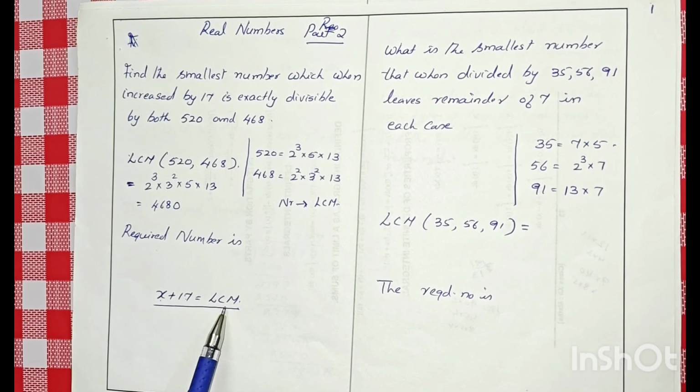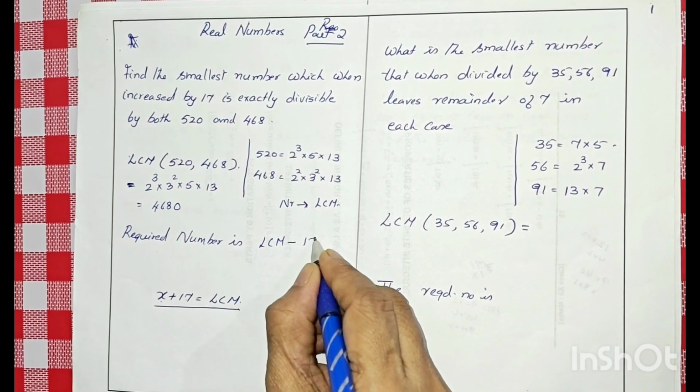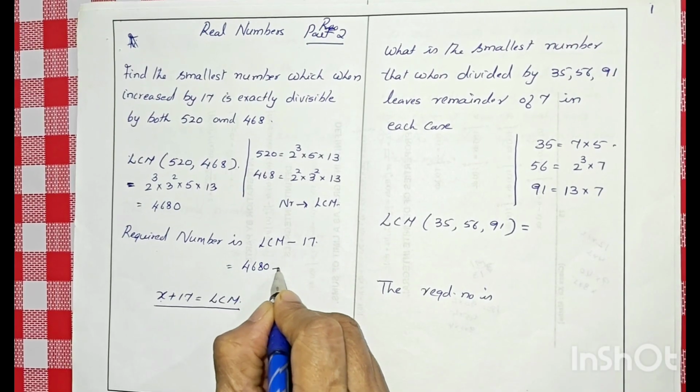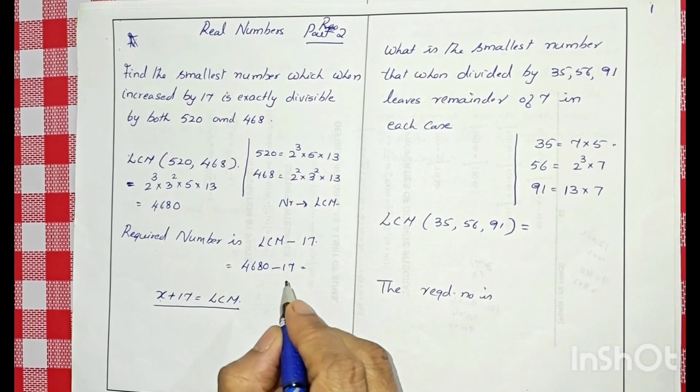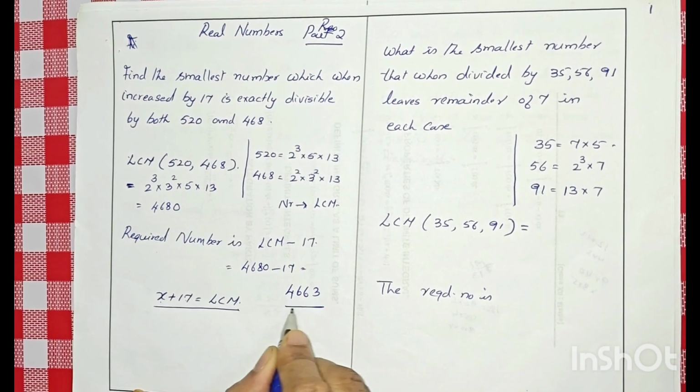So x plus 17 equals LCM, so the required number will be LCM minus 17. So LCM 4680 minus 17 equals 4663 is the required answer.